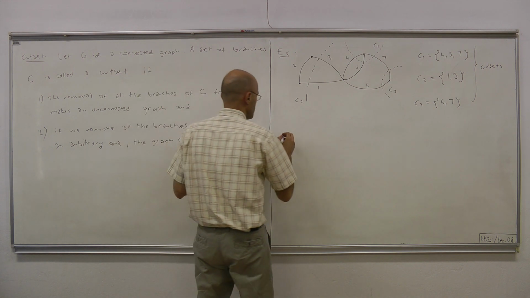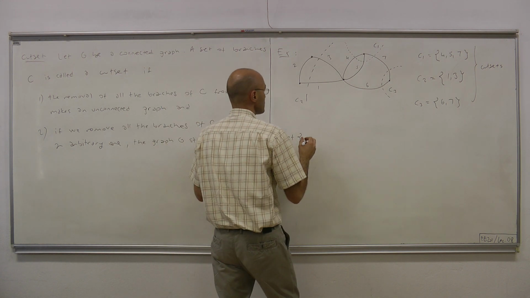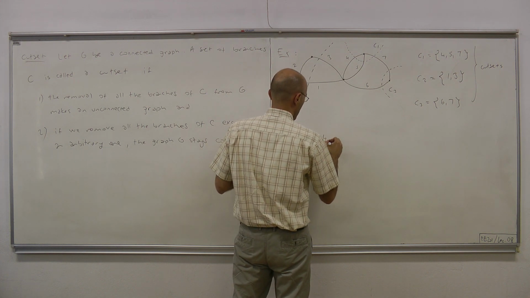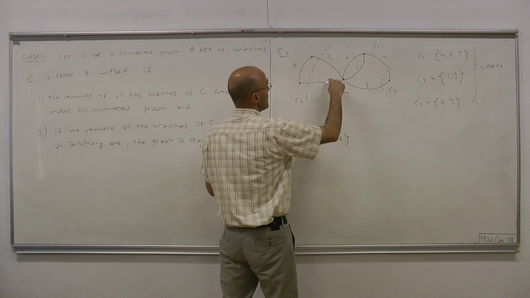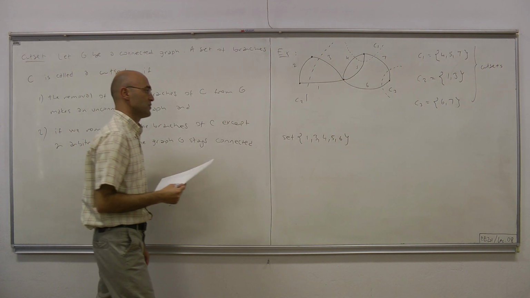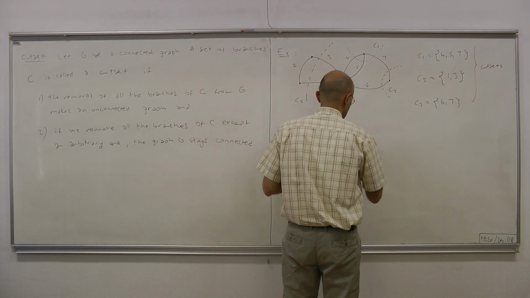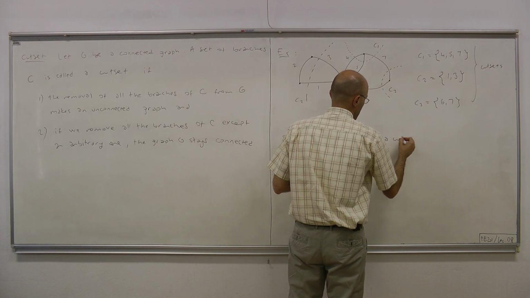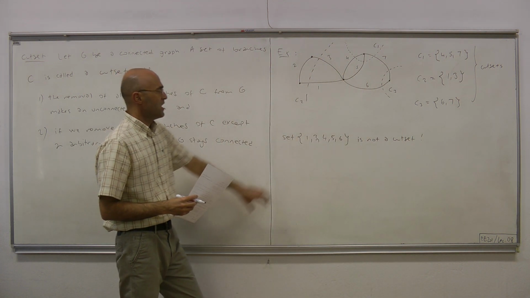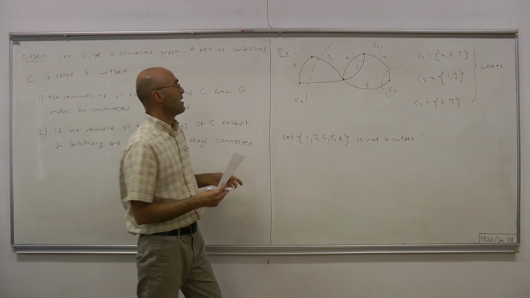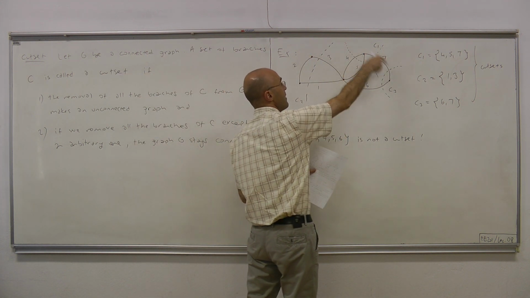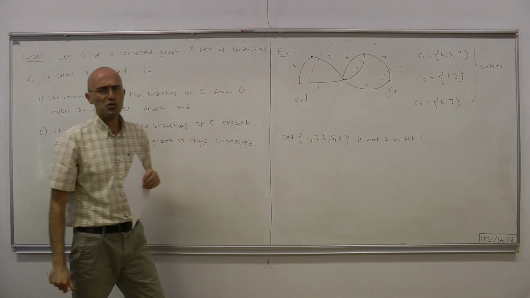Here's something that's not a cut set: 1, 3, 4, 5, 6. These 5 branches together do not make a cut set. Why is that? If you remove all of them, then what remains is this part, a node on its own, and then those 2 nodes connected together.